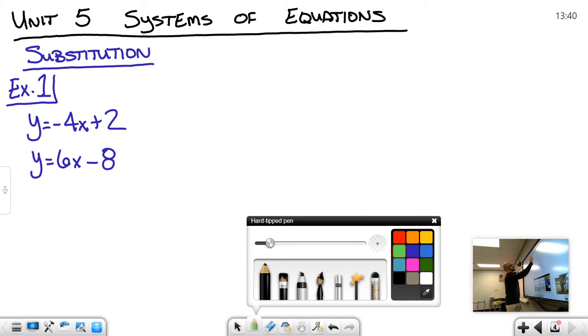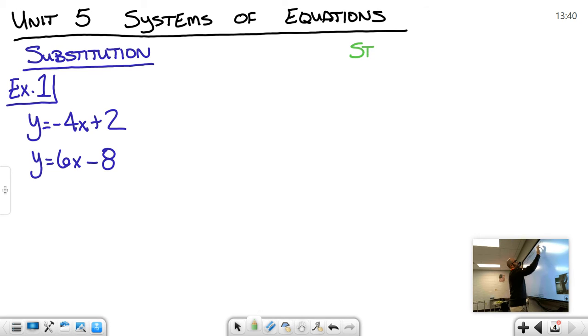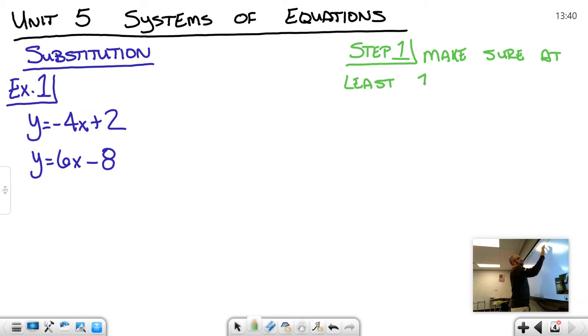So step one, we'll write those over here. Step one, we're going to look at both equations. Okay, and we're going to make sure at least one equation is solved for a variable.